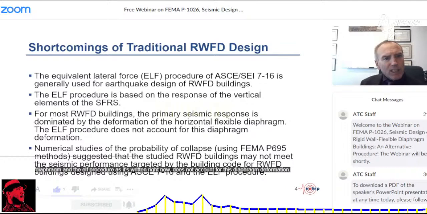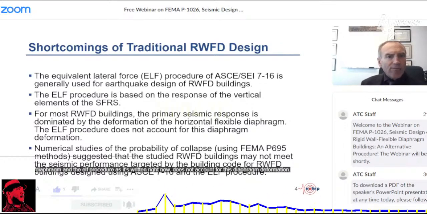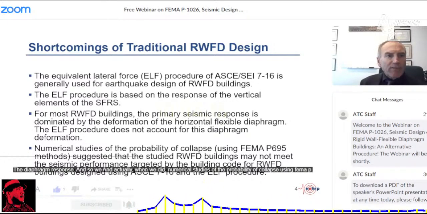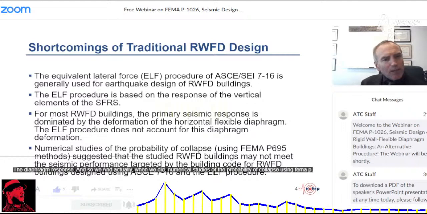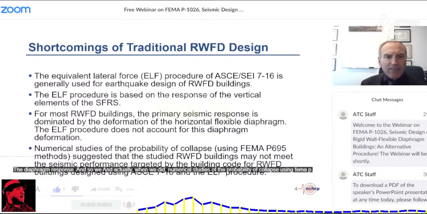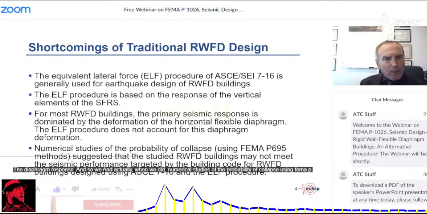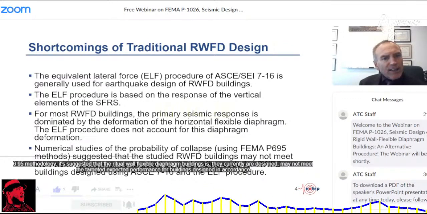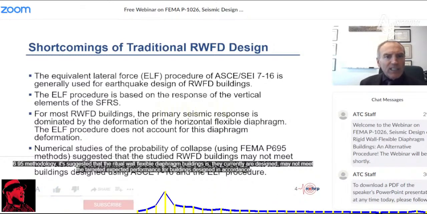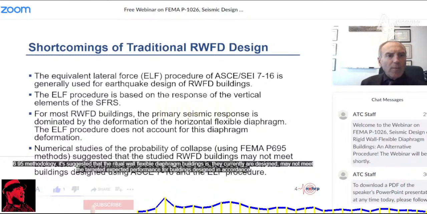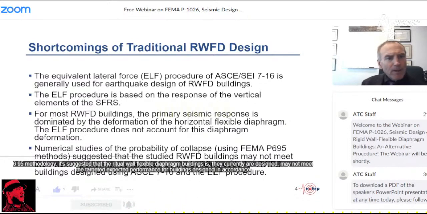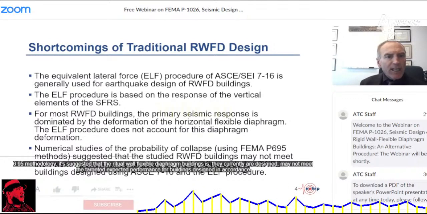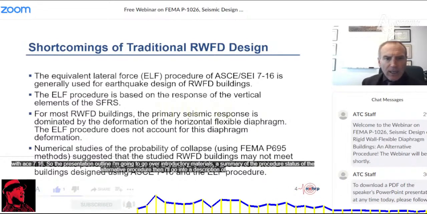And the ELF procedure, as it's written right now, does not account for this diaphragm deformation, the diaphragm response. Actually, when we did numerical studies of the probability of collapse using FEMA P-695 methodology, it suggested that the rigid wall flexible diaphragm buildings as they currently are designed may not meet the targeted expected performance for buildings designed in accordance with ASCE 7-16.